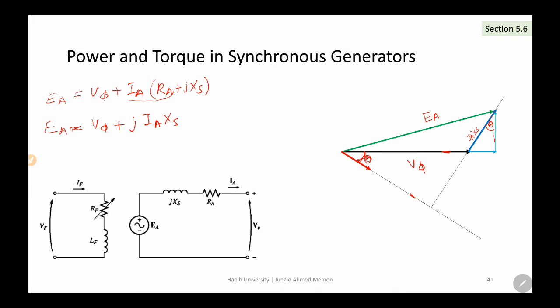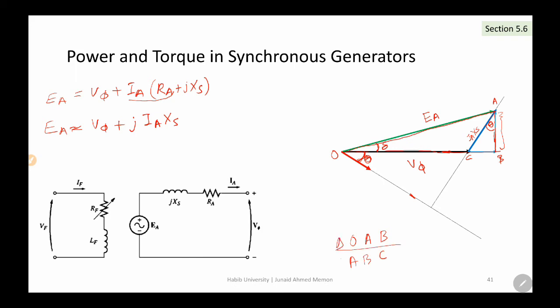So this angle is theta, and let's assume this angle is equal to sigma. Now we have two triangles here, so let's name these points: this is O, this is A, this is B and C. One triangle is OAB, and the second is the ABC triangle.